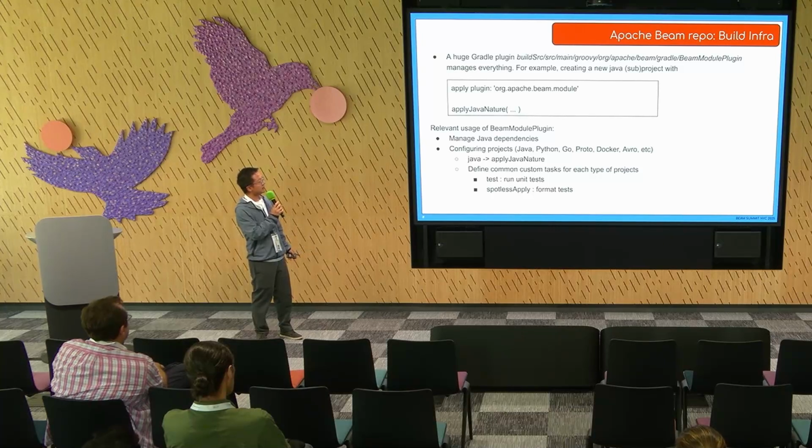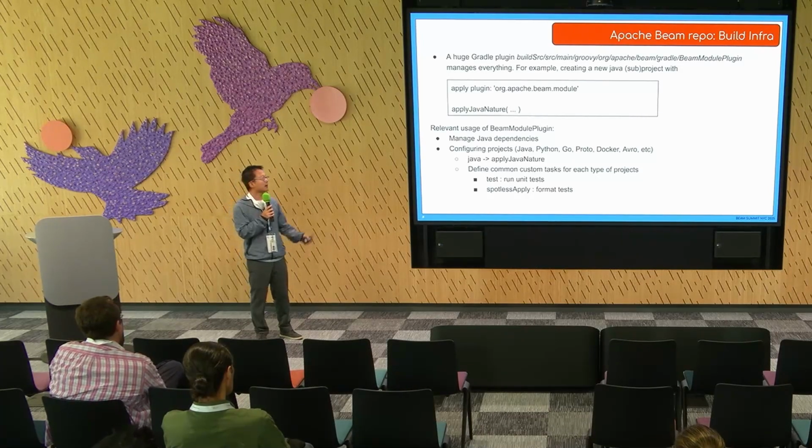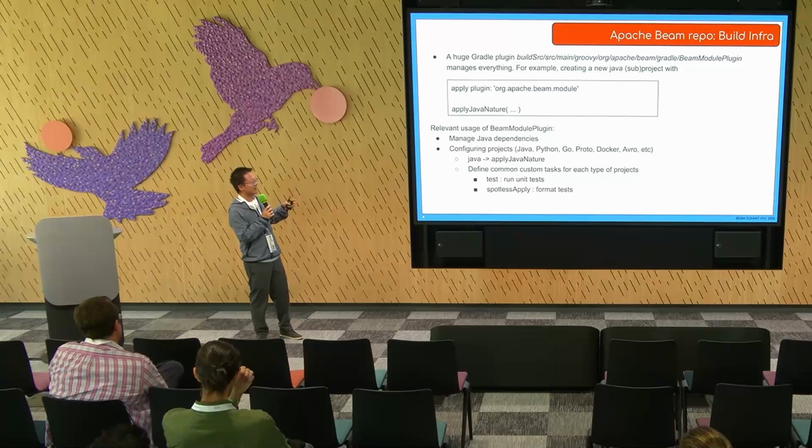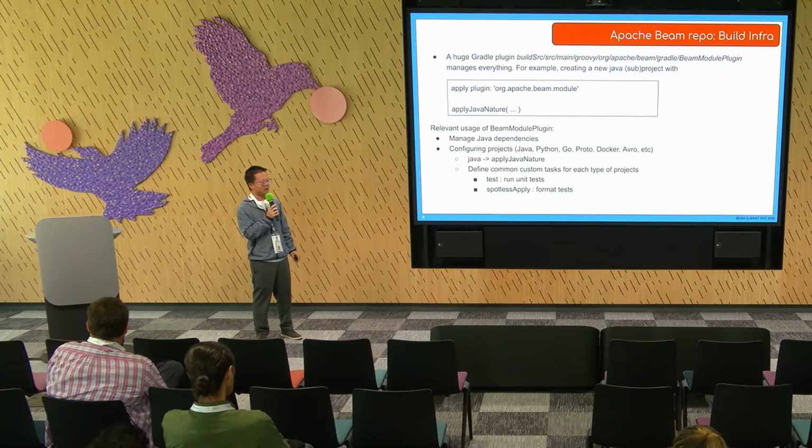For the build infrastructure, the Beam project has a single Beam module plugin, which is a Gradle plugin. By the way, Beam uses Gradle as its build tool for Java, Python, and Go SDKs.